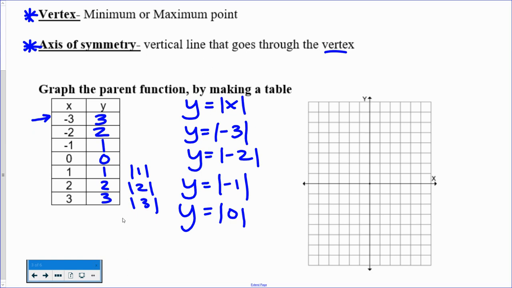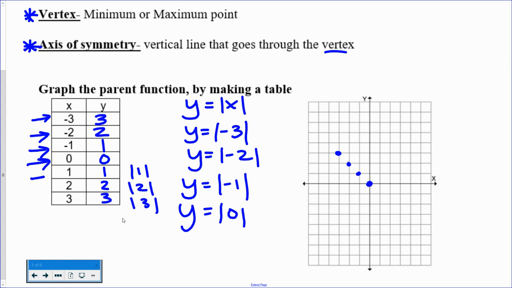Okay, and then I'll go ahead and plot these points on my graph. My x is -3, my y is 3 for the first point. My second point, my x is -2, my y is 2. My next point, my x is -1, my y is 1. And then I've got 0, 0.